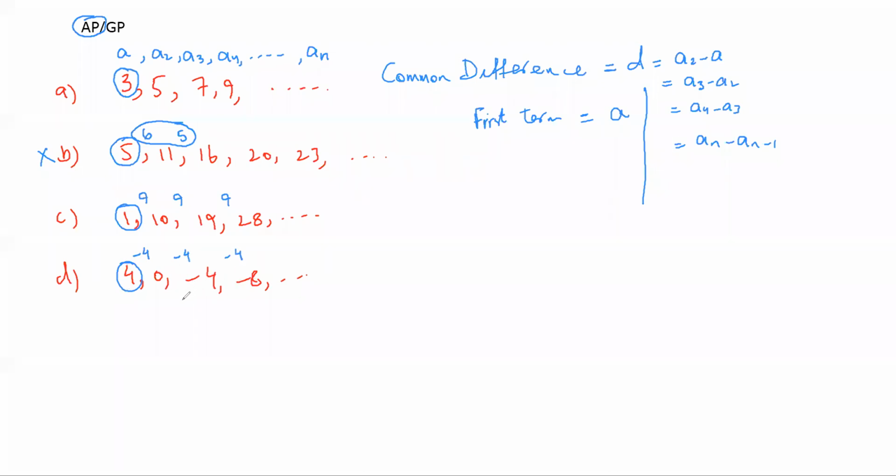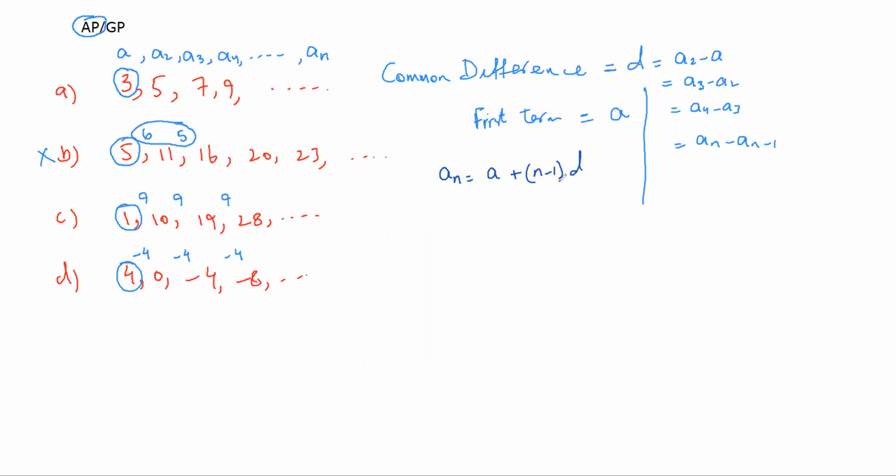Now the first thing that we need to learn is that we must be able to write the nth term, or the general term, of an AP. The formula is A plus n minus 1 into d.